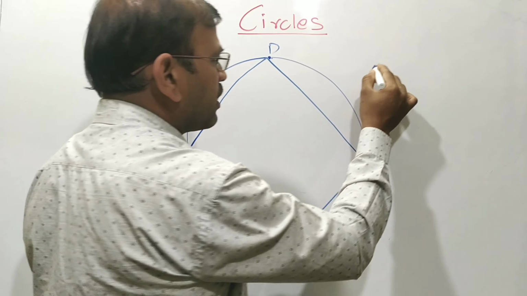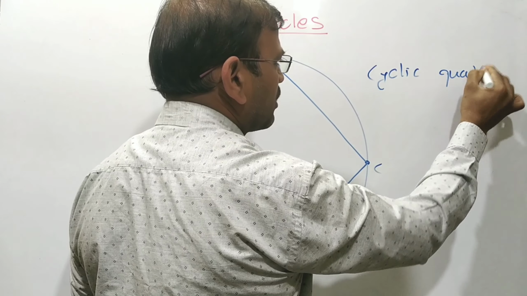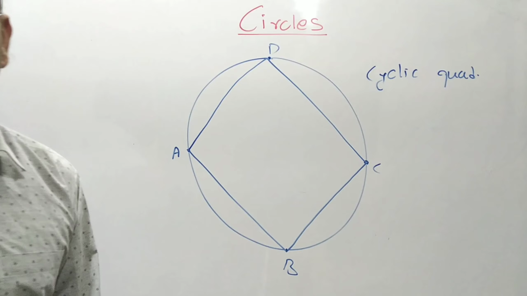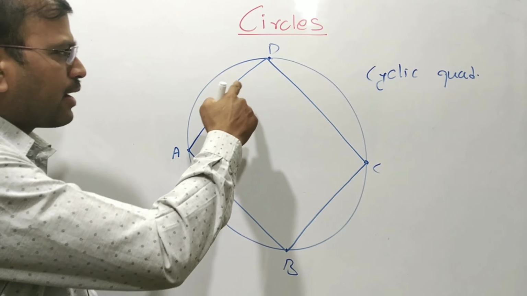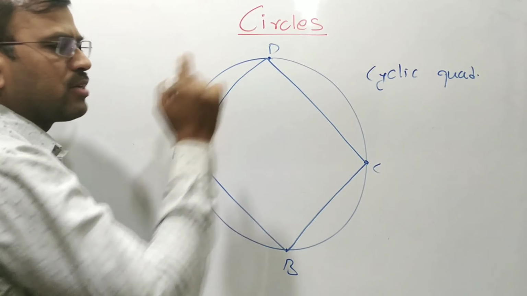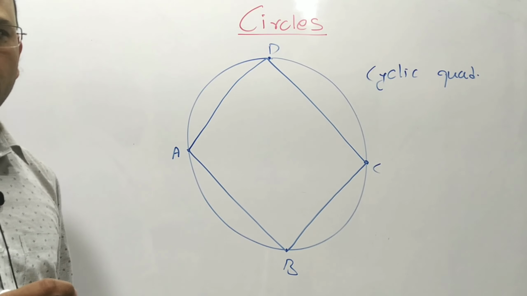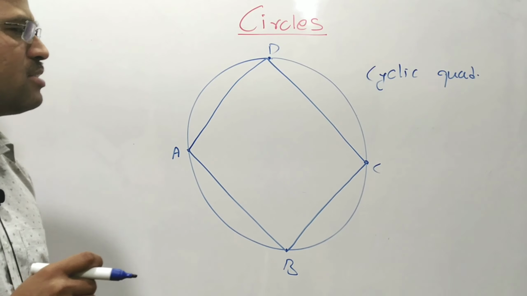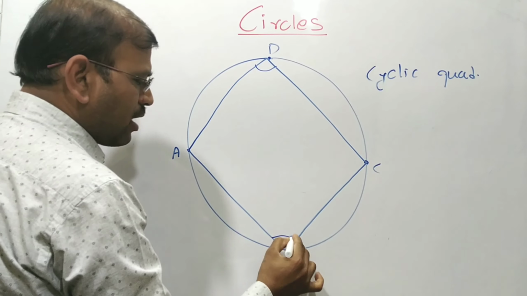So what is the name of the figure? Cyclic quadrilateral. In a cyclic quadrilateral, the 4 points will be on the circumference of the circle. This is the first property. Now another important property is opposite angles are supplementary.